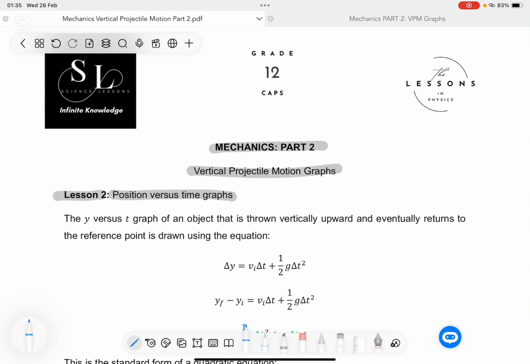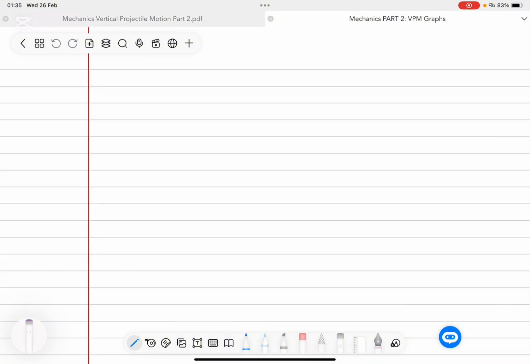The position versus time graph is drawn using the equation of motion. Change in y is equal to initial velocity times change in time plus 1/2 times the acceleration due to gravity, because remember this is projectile, multiplied by the square of time.